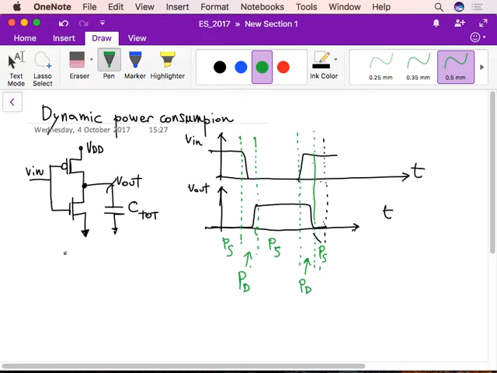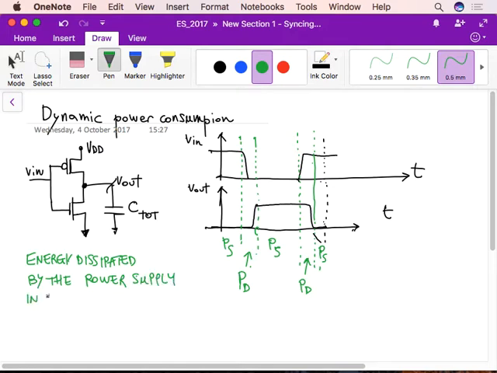So let's look at the energy dissipated by the power supply in a cycle.